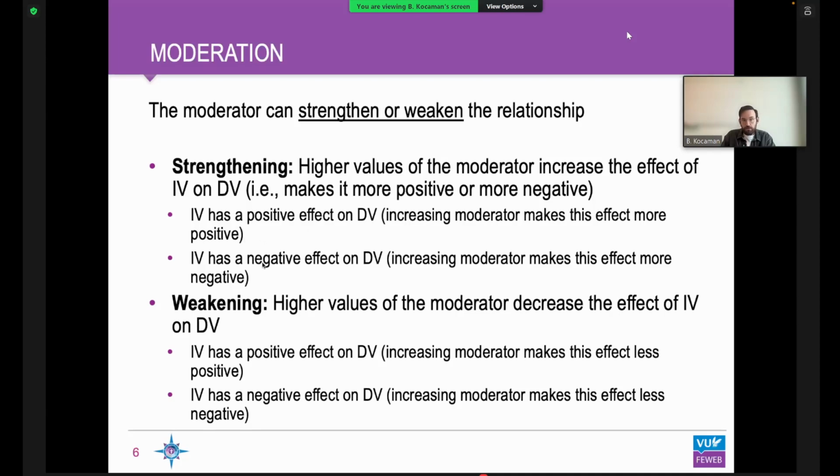But it might also be that your direct effect is negative. So your independent variable affects the dependent variable negatively, and the moderator can make this effect more negative. I know it might be a bit hard to grasp, but basically, if your moderator is making the effect more intense, then we call this a strengthening effect.